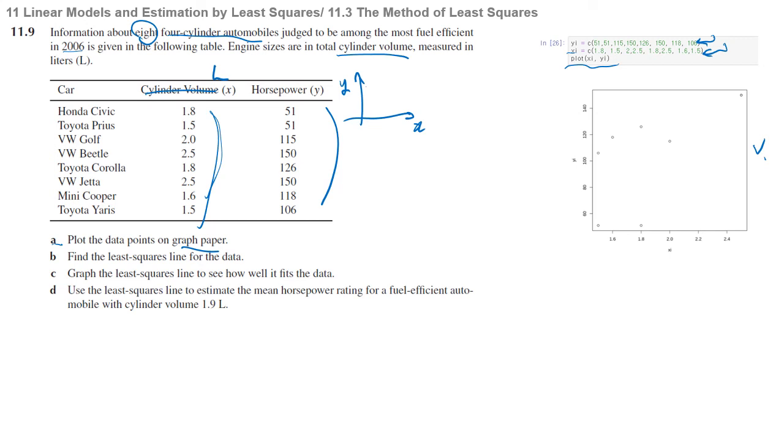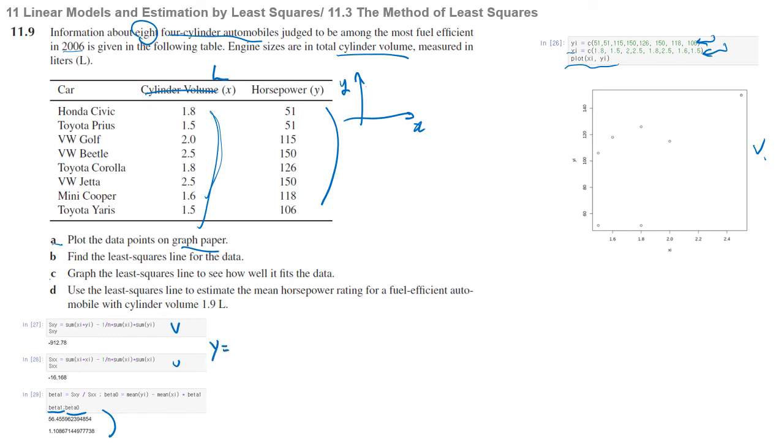To find the least squares line, you can use the formula that we learned from chapter 11.3. You can also use the formula that you learned from 11.10. That's your choice. But anyway, here I use this formula. And we can derive beta 1 and beta 0 this way, and using these we can find the least squares line for the data, which is y equals, what is beta 0?